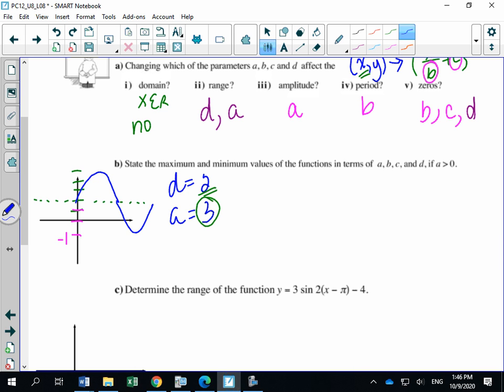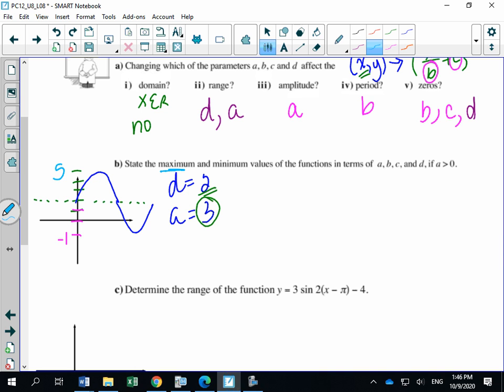Based on this, here's what I want you to do. See if you could answer what's the max of this graph and what's the min of this graph, if I give you an A value and a D value. So looking at this picture, the maximum of this graph is 5. That's the max. And the minimum of this graph is -1.